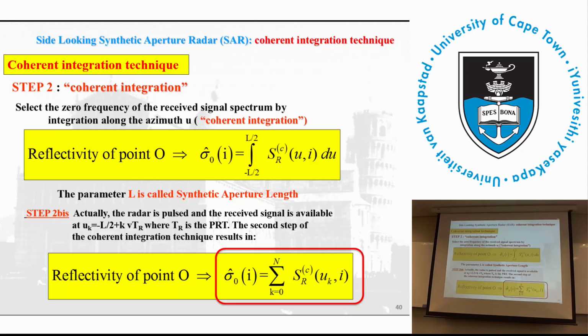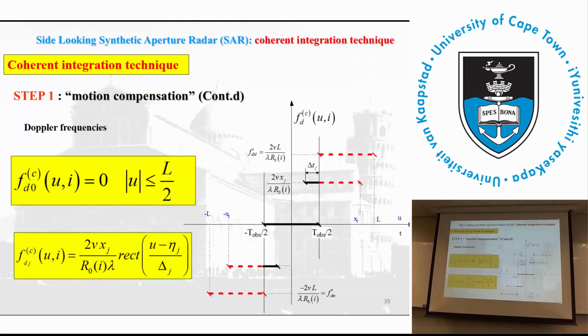Okay, so let's go back one slide. Look at this. So the received signal, let's put it as a function of t and u.